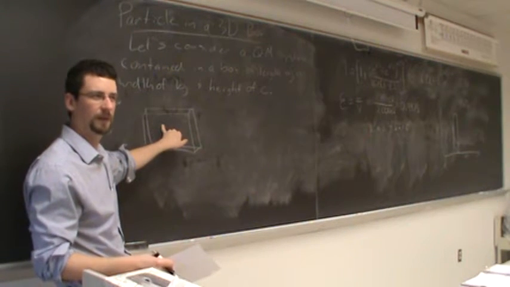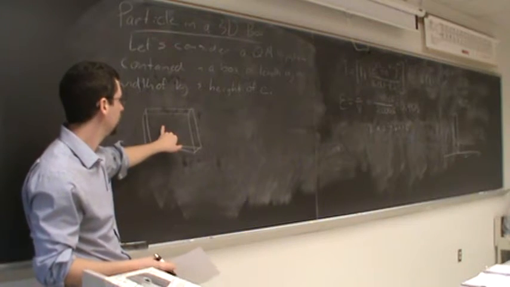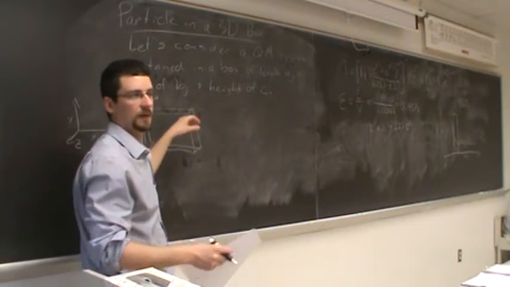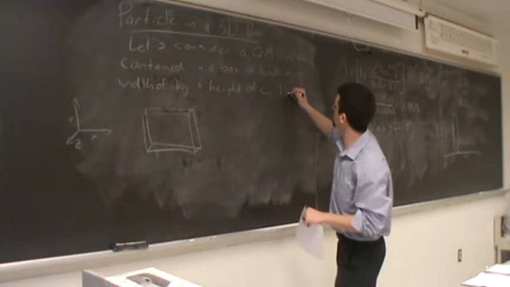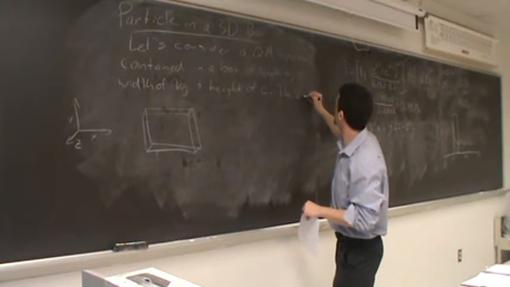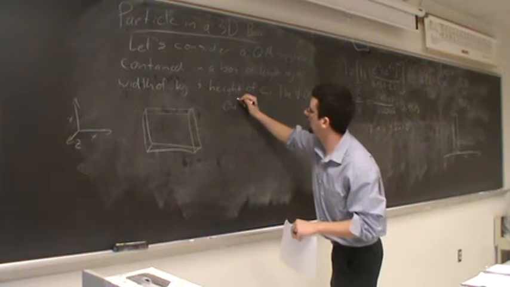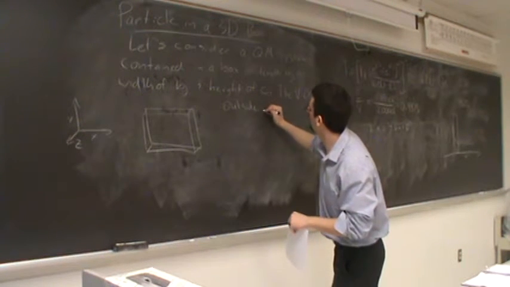How are we going to do that? Infinite potential everywhere else. Yeah, everything outside of the box is an infinite potential. So the potential is equal to infinity outside of the box.